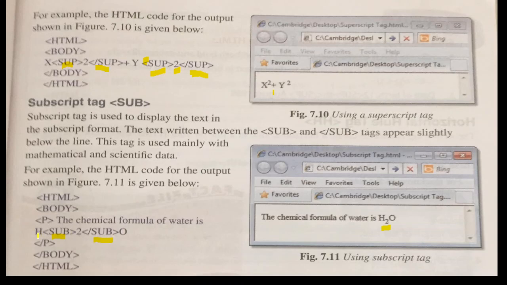So H followed by the subscript tag and then the number, and then you need to close it, and then O. So 2 came below, subscript below, superscript top.